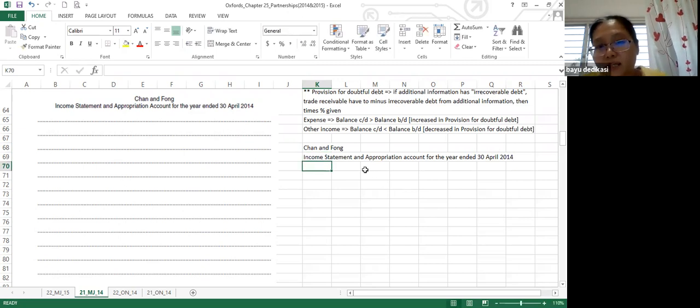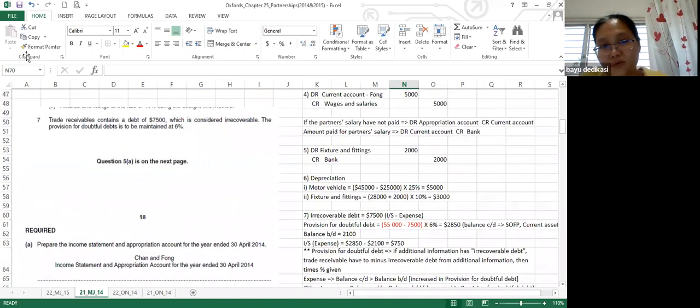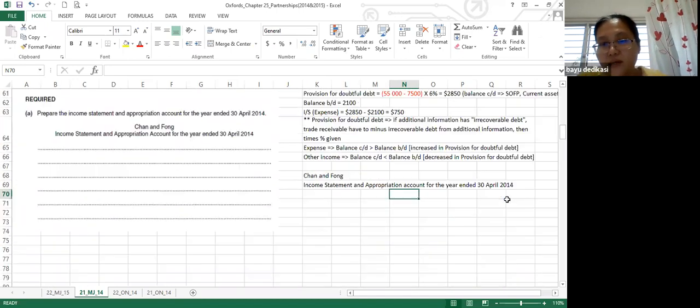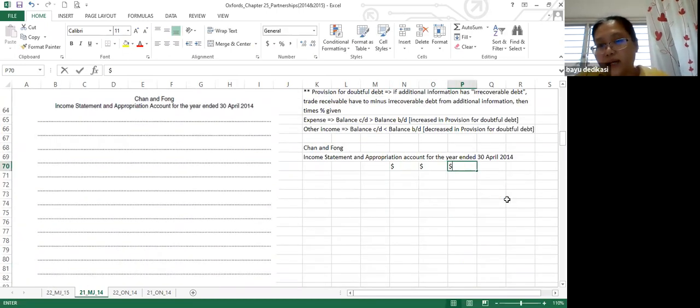Normally in the question, it depends on how much information is given. If the information is not much, 2 columns for the dollar sign. But this question has quite a lot of information given, so it's safe that we open 3 columns, so in case we have any adjustment, we have space to put it in.